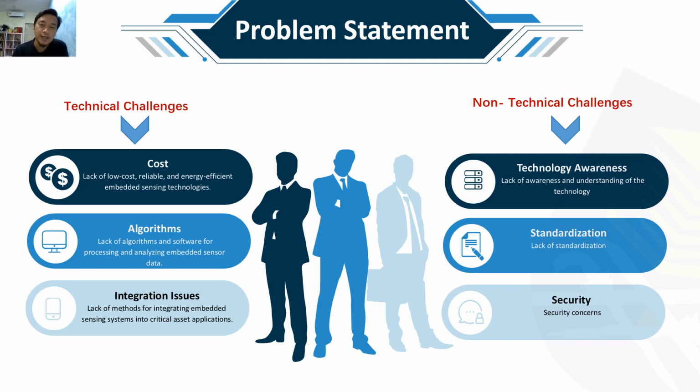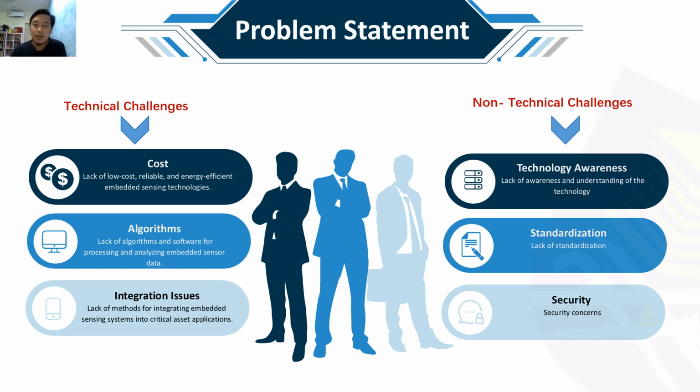This is because any changes to the application must be carefully designed and tested to ensure that the safety and the reliability of the system are not compromised. And in addition to these technical challenges, there are also a number of non-technical challenges associated with embedded electronic sensing for critical asset monitoring.